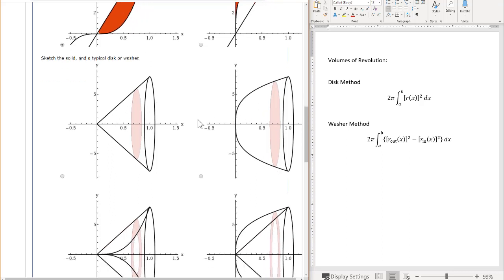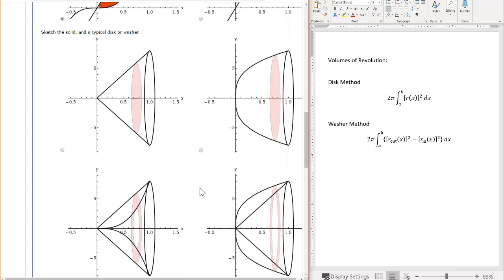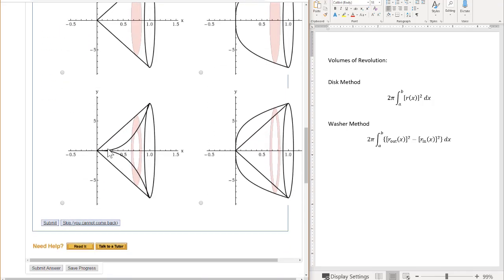The first two choices look like disks, and that's not what we want. These two are both washer methods, so it's going to be a choice between the third and the fourth choices. If we look at this graph again, the outside being spun around is the line, so this is going to have a cone shaped feel for the outside, and the inside is the cubic function. That's the third graph.